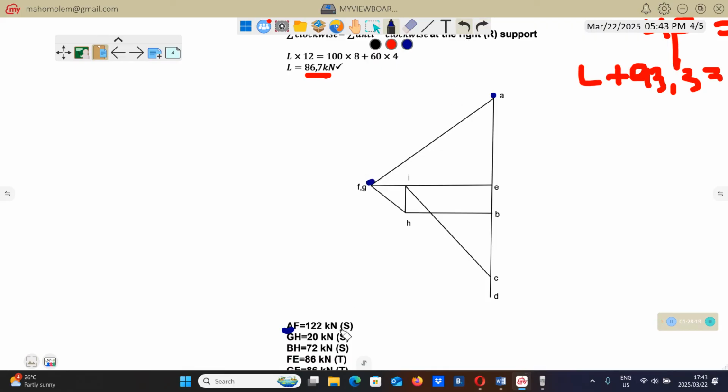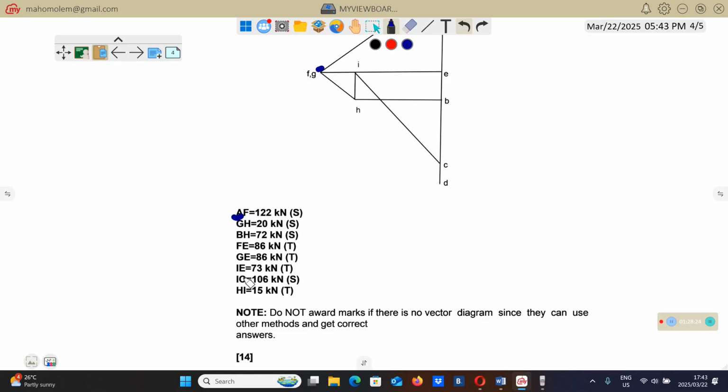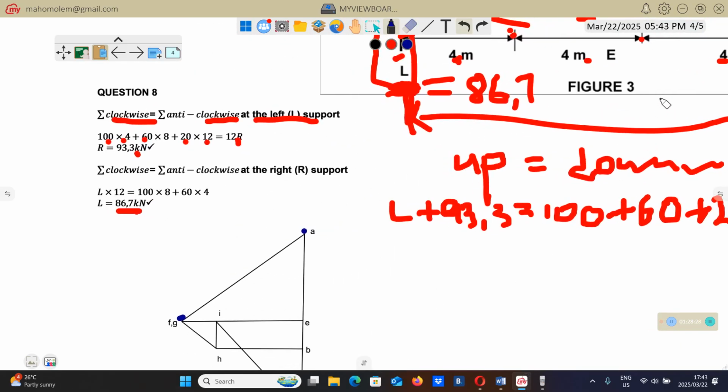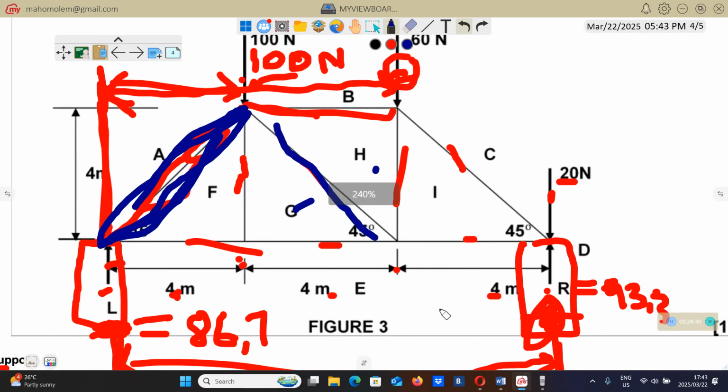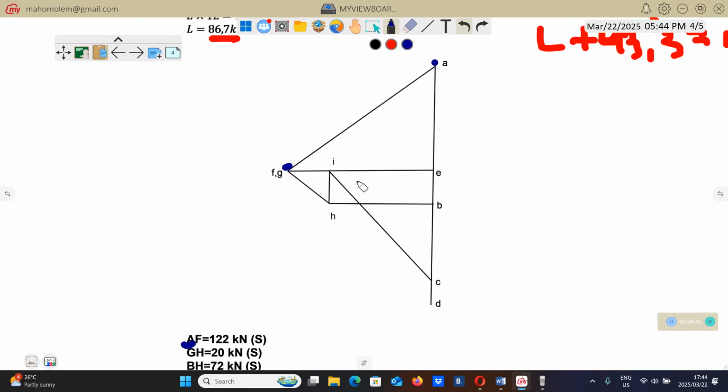So if you want to know how much member IE will carry, IE, we're talking about this member here, between I and E. If you want to know how much this member will carry from here to there, we will come to this vector diagram and measure from I to E. Measure from here to there.